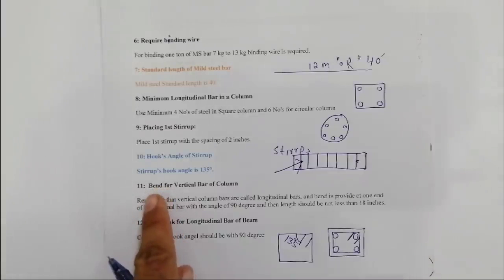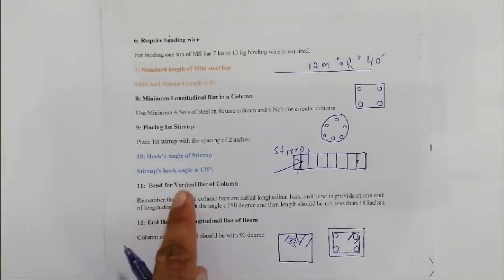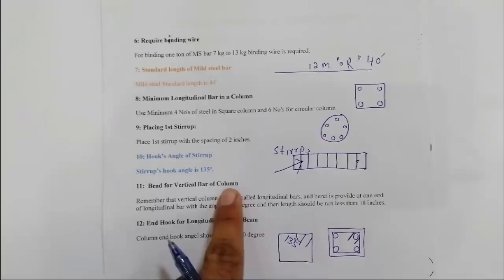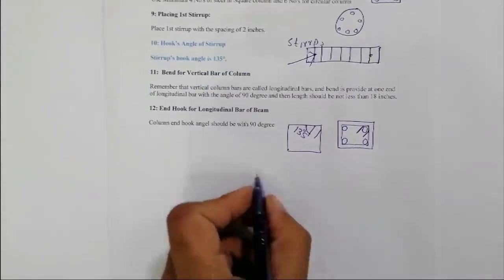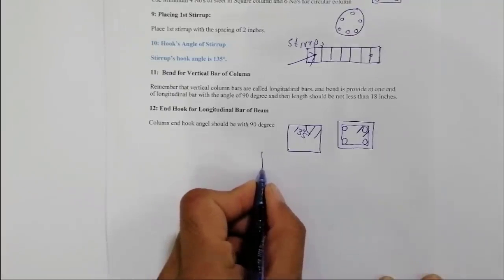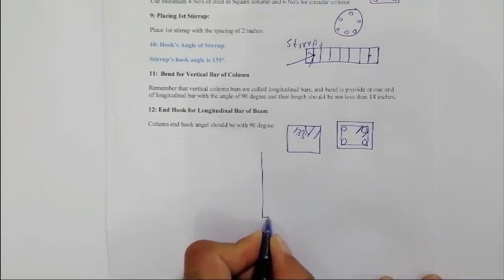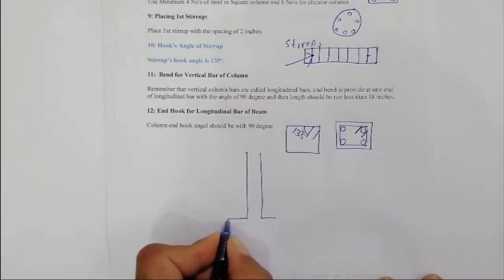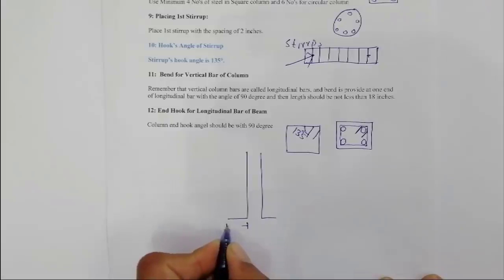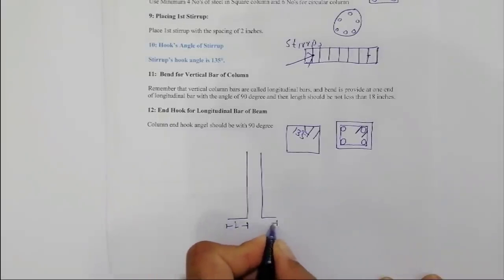Now we have the 11th one, that's about the bend for vertical bars of a column. So look at this. This is the column longitudinal bar, and this is the bend. This is also a bend. So we are talking about this length, what should this length be?